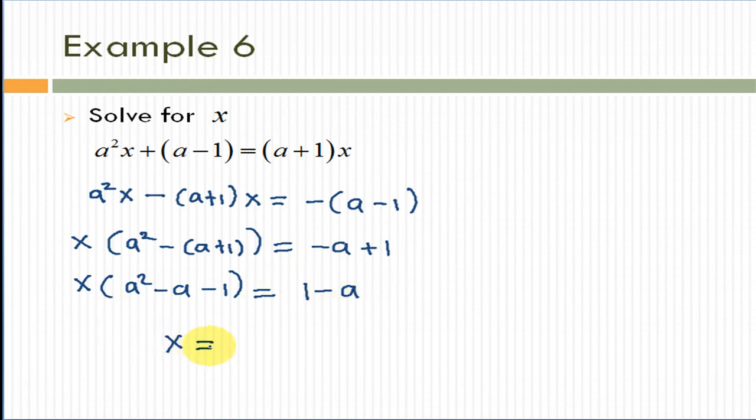Therefore, x is equal to 1 minus a divided by this whole expression. 1 minus a divided by a squared minus a minus 1. And that is our x.